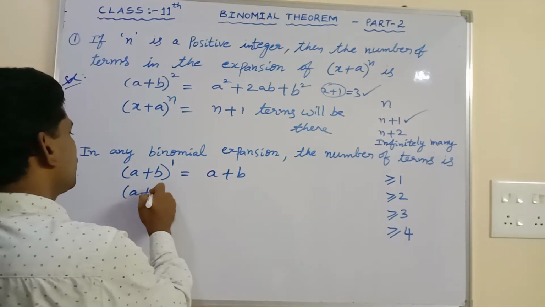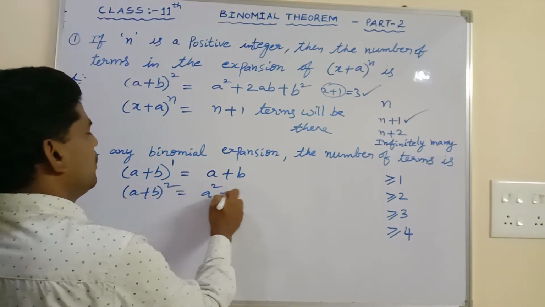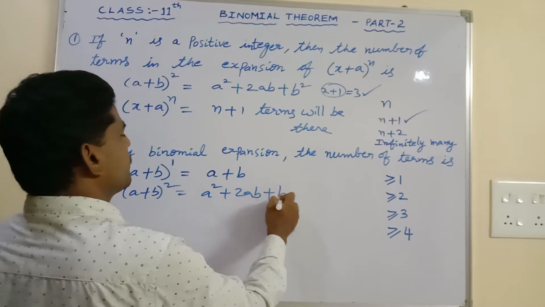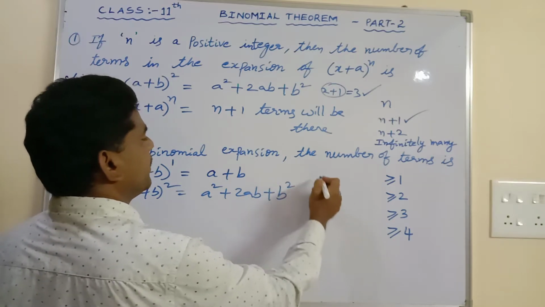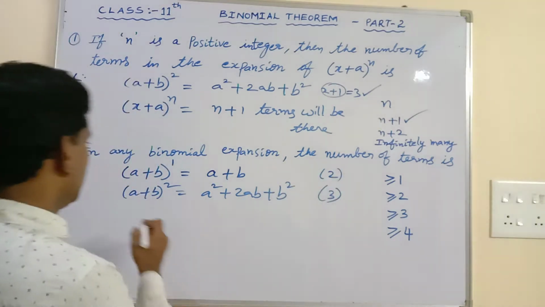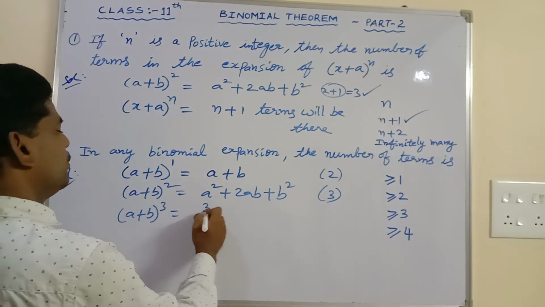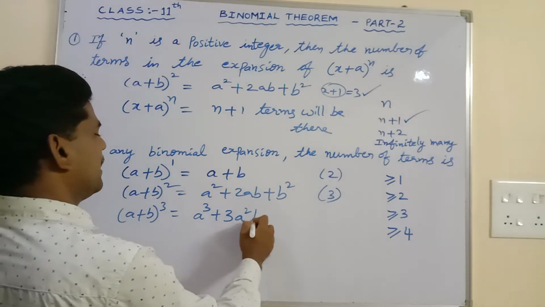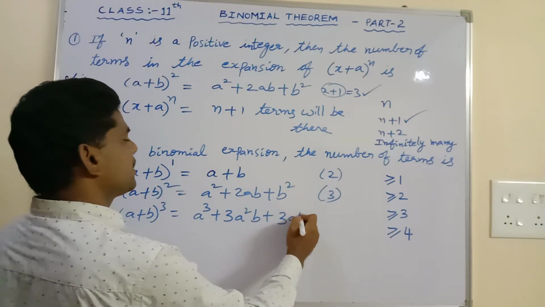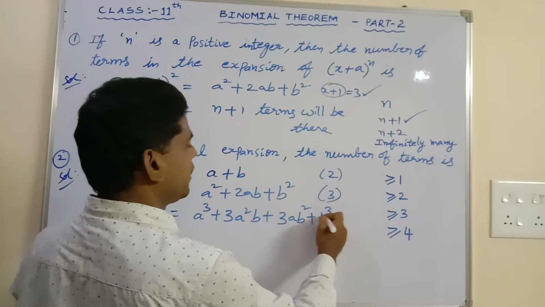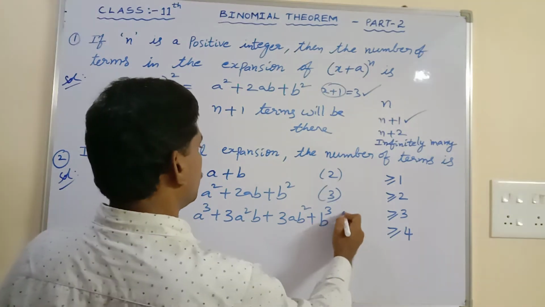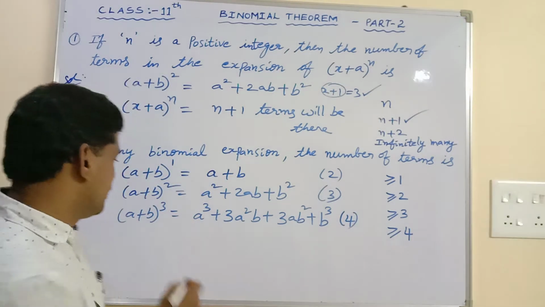Similarly, a plus b whole square, how many are there? 3 terms are there. Okay. In the expansion of a plus b whole cube, a cube plus 3a square b plus 3ab square plus b cube. So, there are 4 terms.